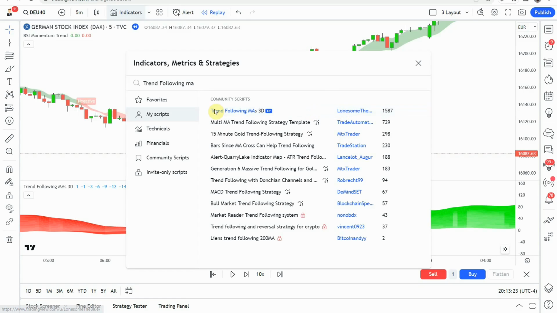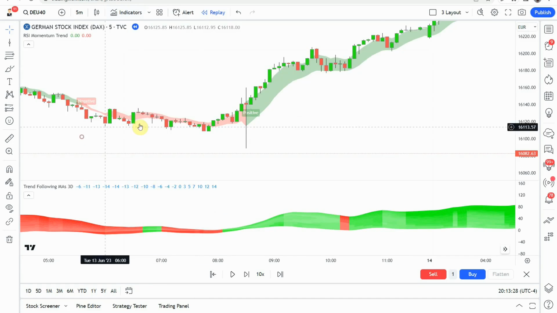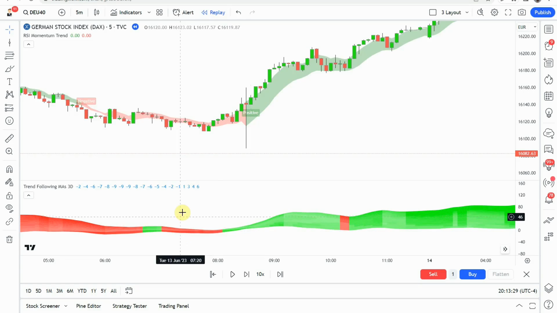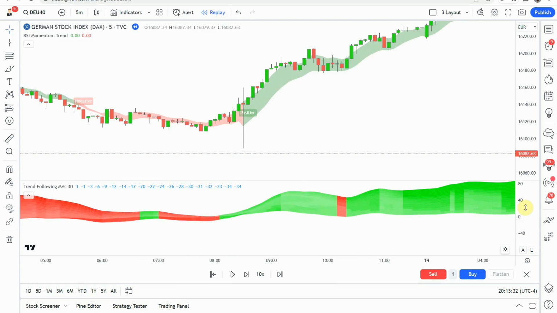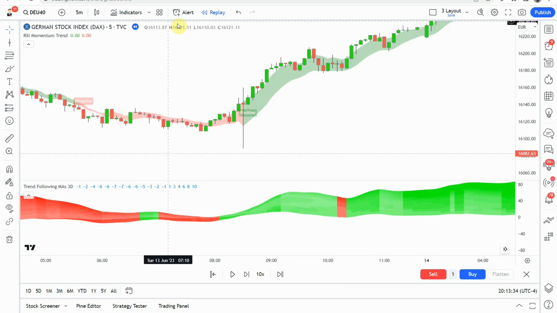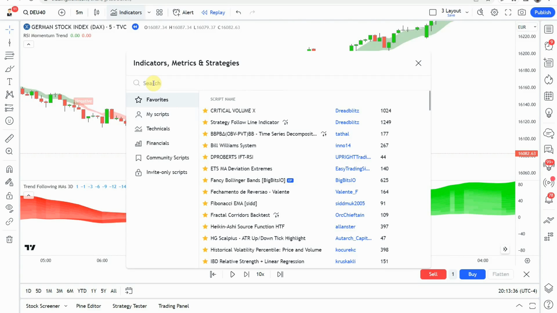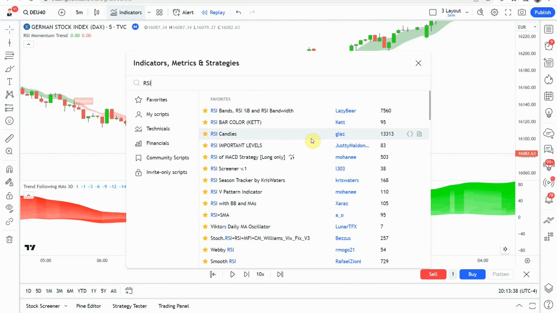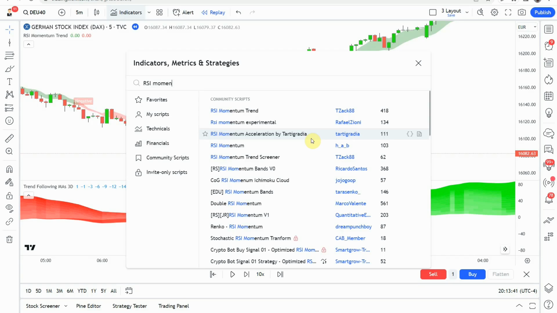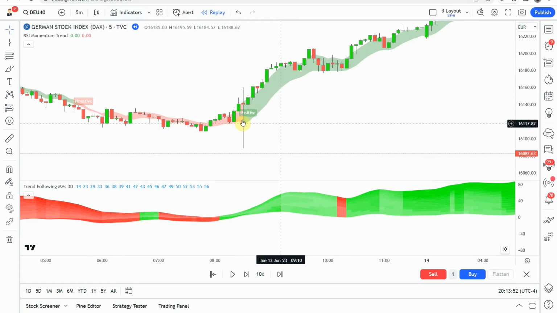I forget what the rest of it is, but this indicator will be the one down here at the bottom. The next indicator we are going to put on screen is the RSI momentum trend indicator by TZAC88. That'll give us this one here on top.